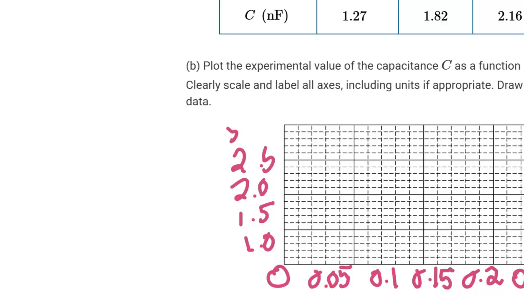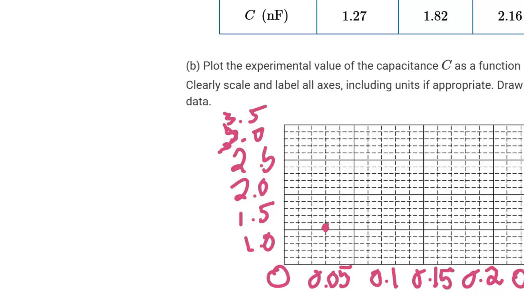And then at 0.05, 1.27, something like that.